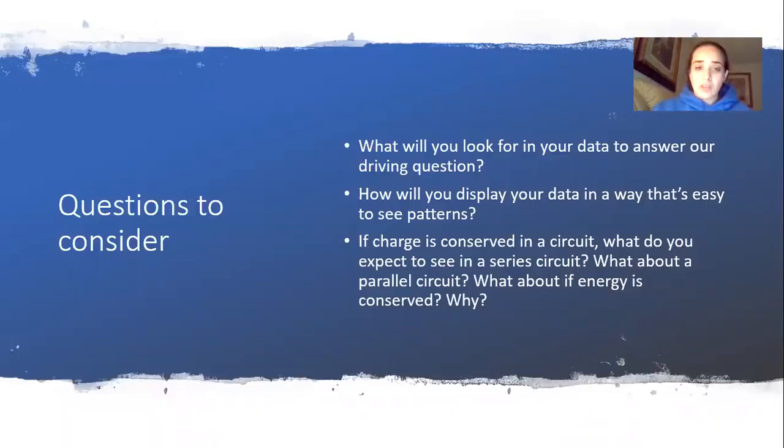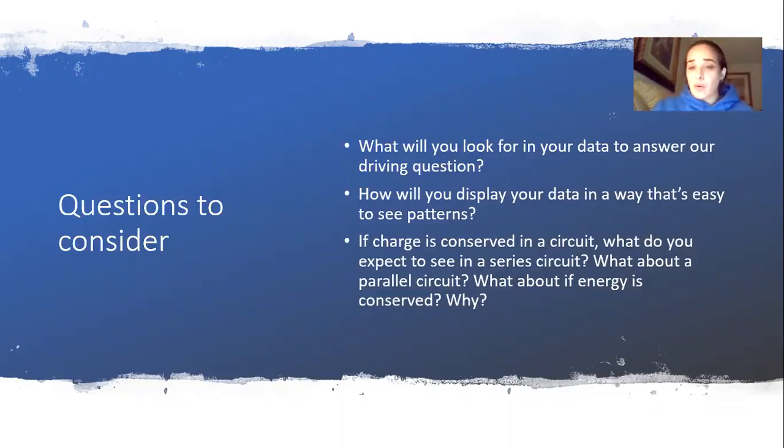There are also some questions that are helpful for you to consider before you start collecting your data. Again, these are in your classwork document, and you should take a few minutes to answer these before you start collecting your data to help you visualize how you're going to be doing this.